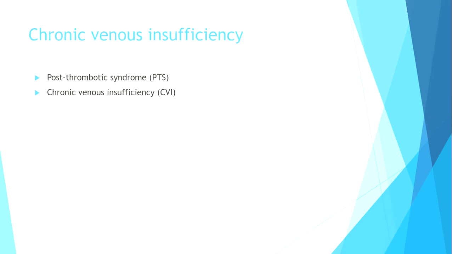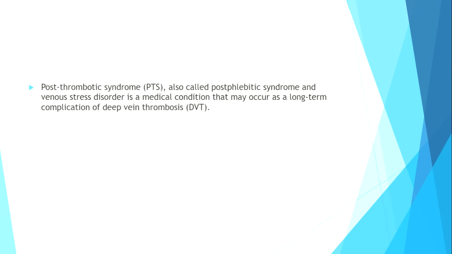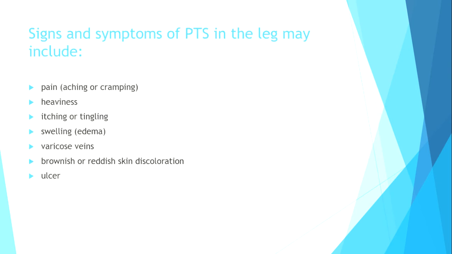Chronic venous insufficiency. It's called post-thrombotic syndrome. We have two nosologies. First, post-thrombotic syndrome, and second, chronic venous insufficiency. Post-thrombotic syndrome, also called post-phlebitic syndrome and venous stress disorder, is a medical condition that may occur as a long-term complication of deep vein thrombosis.